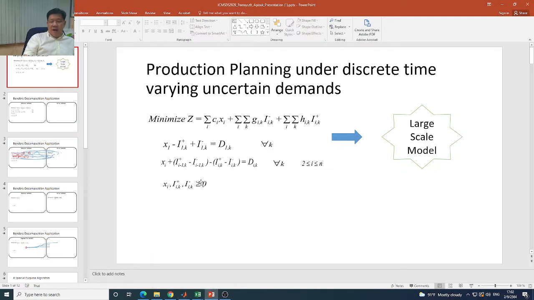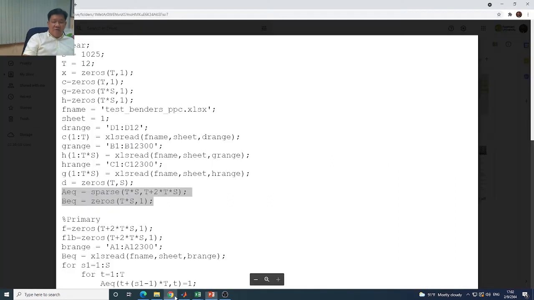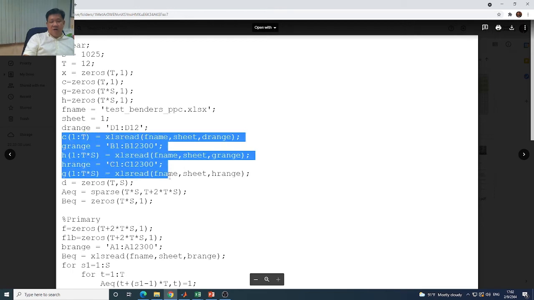So you need to have an A times X, the constraint matrix on the left hand side, the right hand side, and the cost coefficient of the objective function. And the coefficient of the objective function is already done by the import of C here.